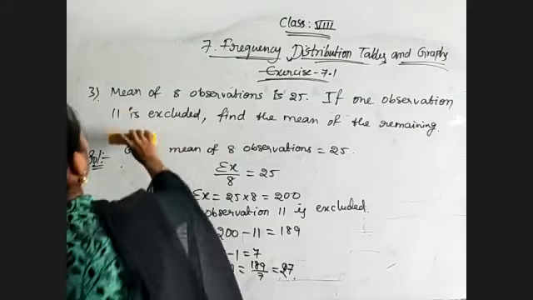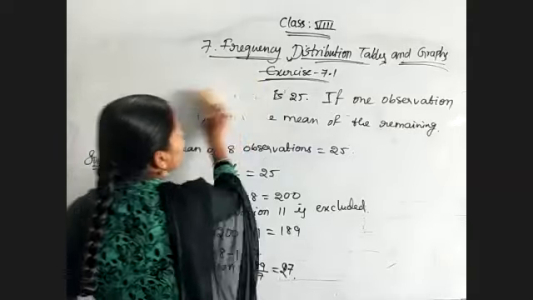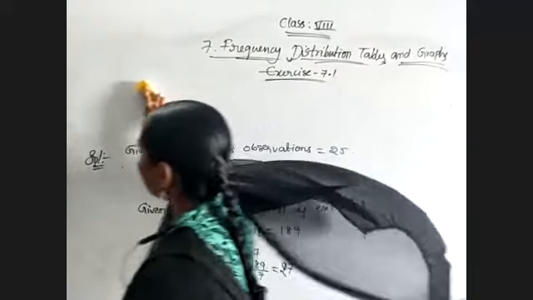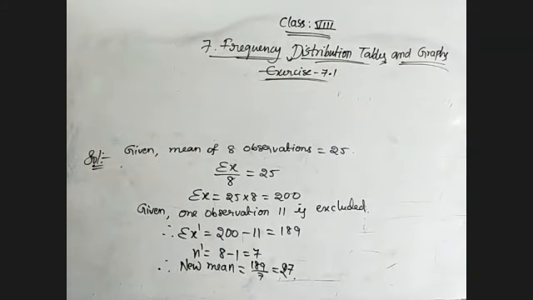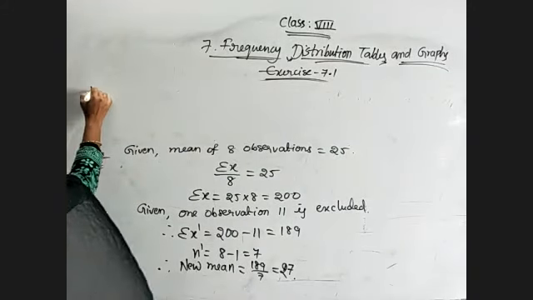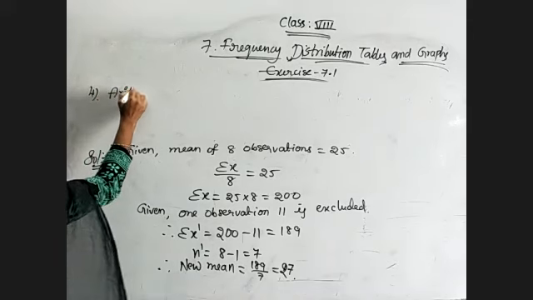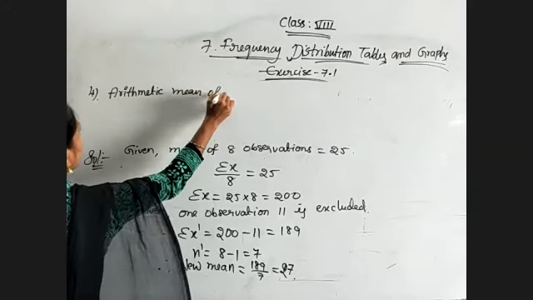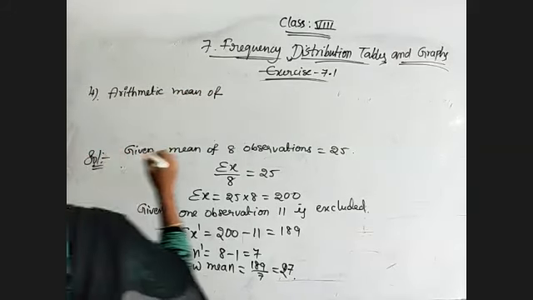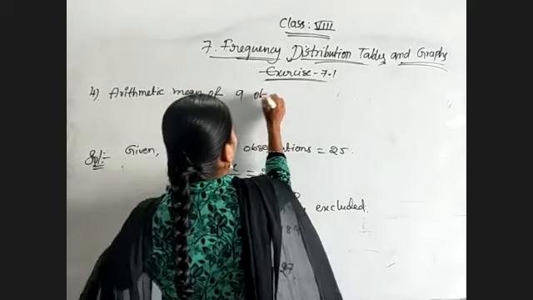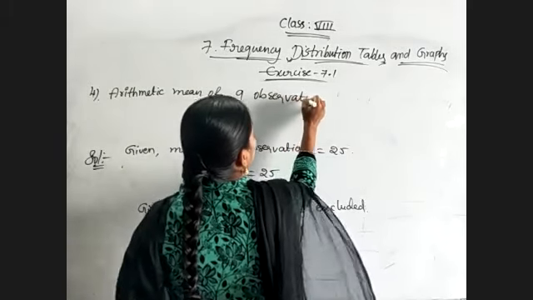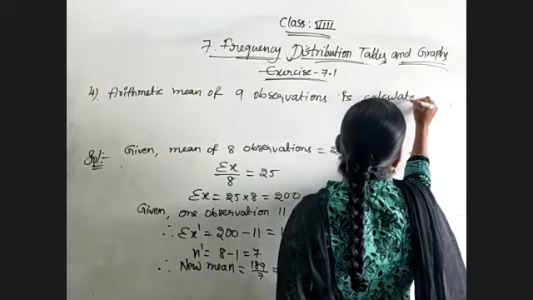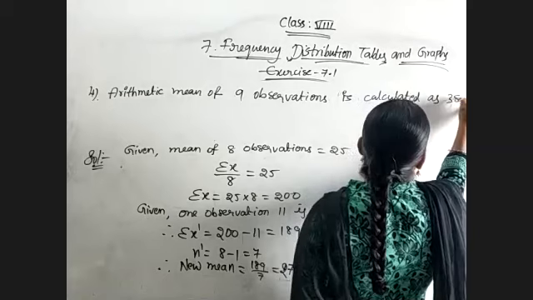Now coming to the fourth problem. The arithmetic mean of nine observations is calculated as 38.